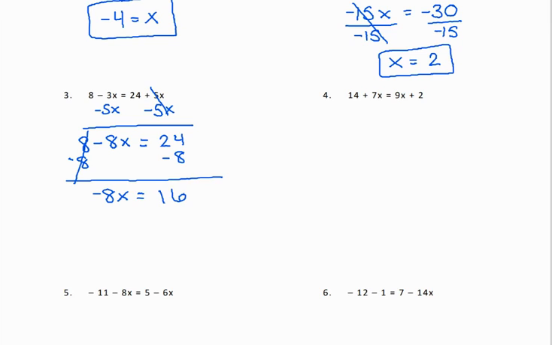Divide by negative 8. Perfect, good. It's saying, even though there's that negative sign, it's really saying negative 8 times x. So to undo multiplication, we use division. That cancels. And a positive divided by a negative will give me a negative answer. So we got x equals negative 2.